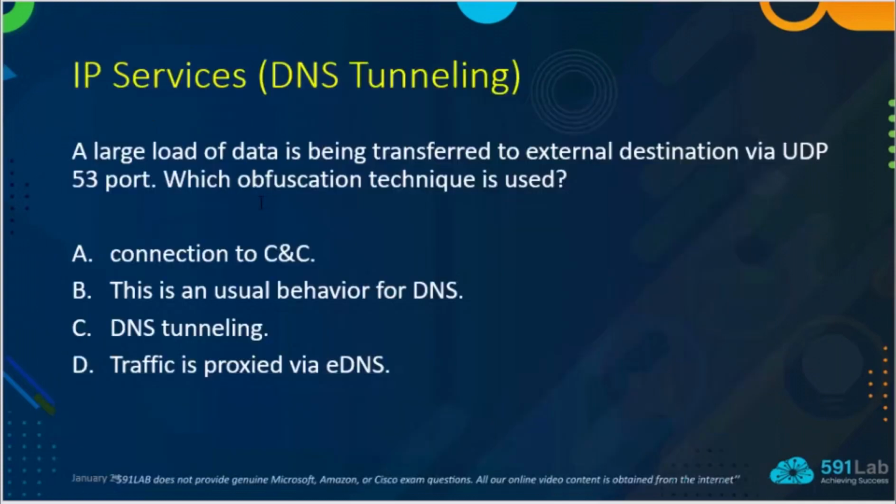You can see that a load of data is being transferred to an external destination via UDP port 53, and we know that port 53 is DNS. So transferring data is not a DNS query.